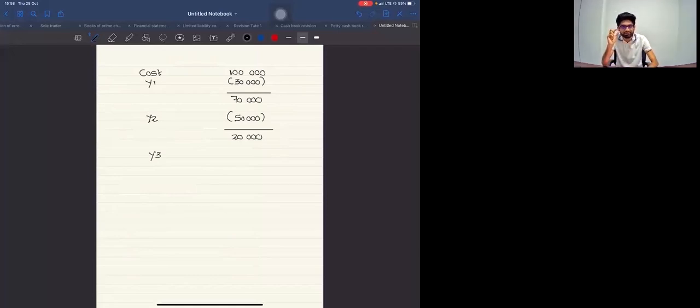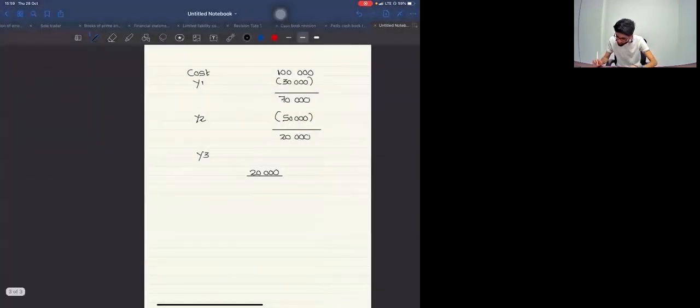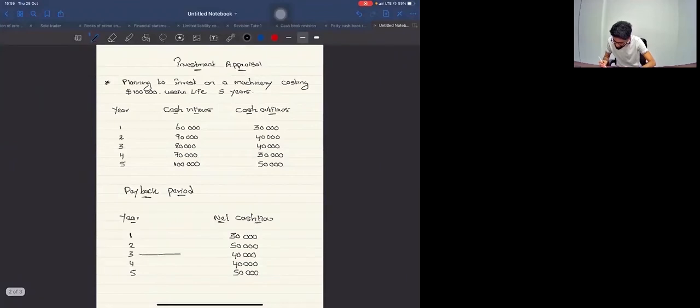But how to get that number of months calculated now, right? I'm going to do a small working here. You take the amount that you need to recover. How much more you need to recover? You need to recover only 20,000 more, right? So I take that 20,000 here, divide it by the total amount that you got during year 3.